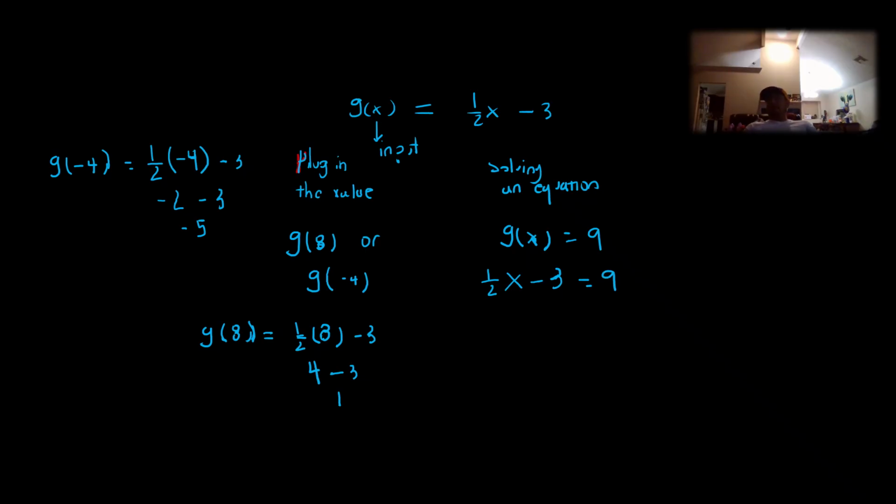At this level in Algebra 1, we should be able to say what is the opposite of a minus 3? The opposite of minus 3 is to add 3. And whatever we do on one side, we have to do on the other side because it must be fair. So the minus 3 and the plus 3 cancel each other out.